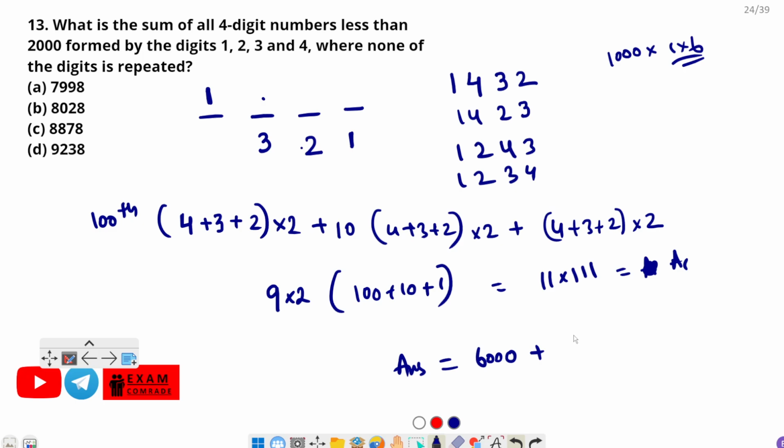I think we have made some mistake. This is 9 into 2, sorry, 18. So 18 into 111. 18 ones are 18, 1 carry, 18 ones are 18, 19, 1 carry. The answer is 6000 plus 1998, that is 7998.